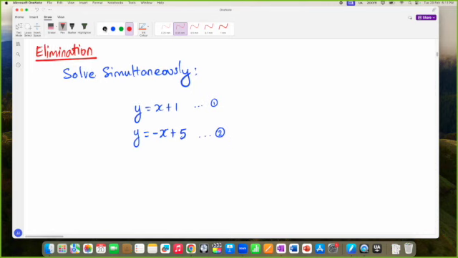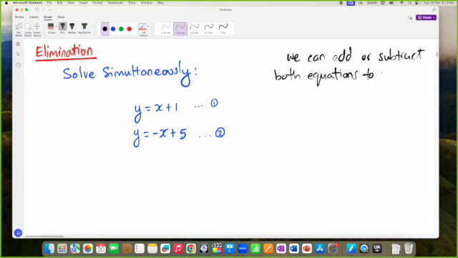With the elimination method, we can add or subtract both equations to eliminate one of the variables, x or y.